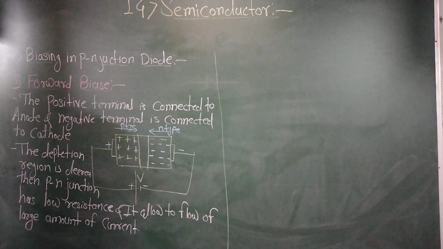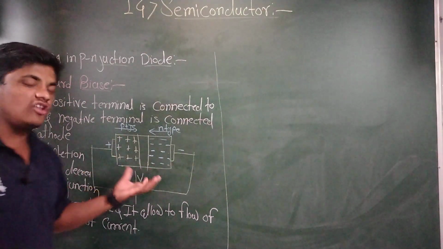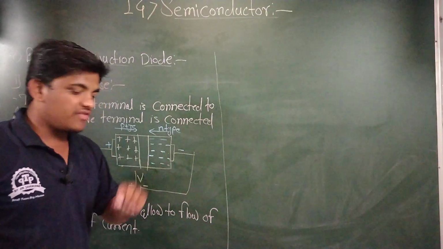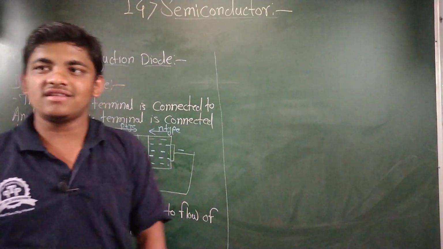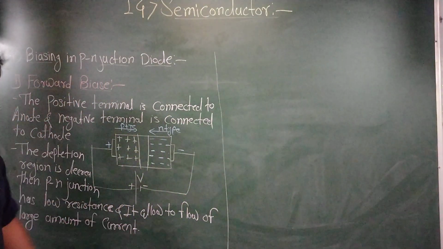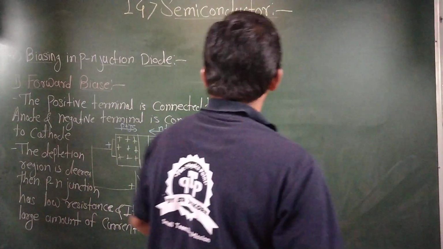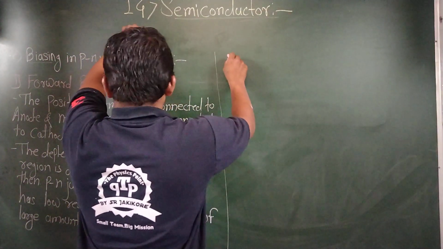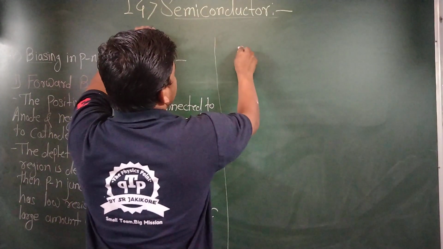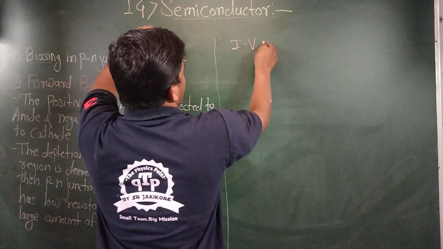Then the PN junction has low resistance. If the junction has low resistance, then it allows a large amount of current to flow. Then I will draw the voltage and IV characteristics.